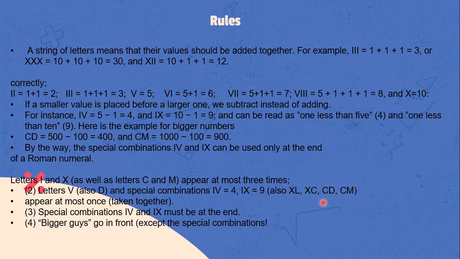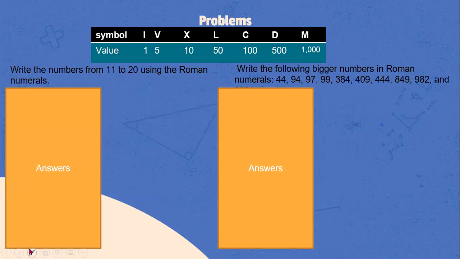Special combinations IV and IX must be at the end. The bigger ones go in front, except for the special combinations. So those are all the rules I've covered on this slide. Okay, I'm going to take my laser pointer away.